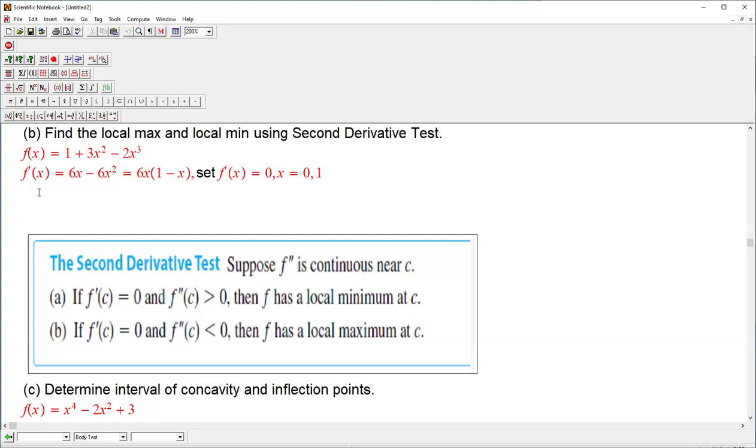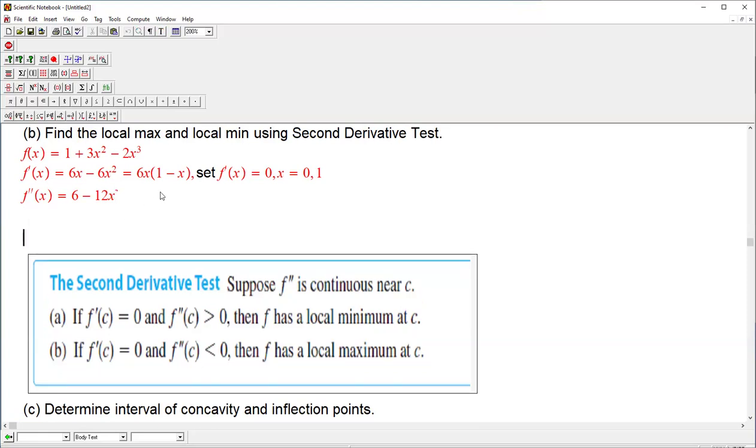We have two critical numbers. And then we're going to find the second order derivative, which equals 6 minus 12x. And then we can start testing.